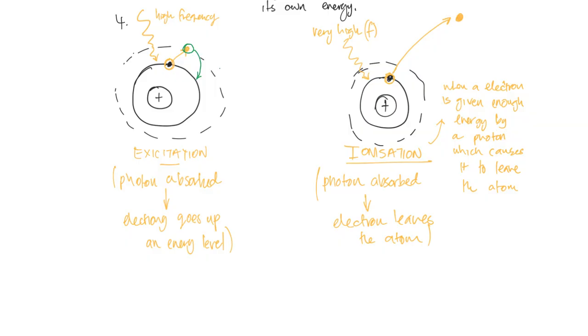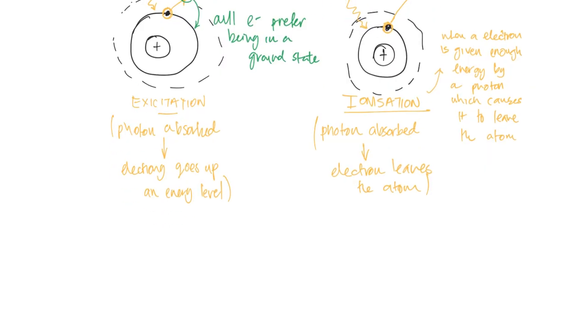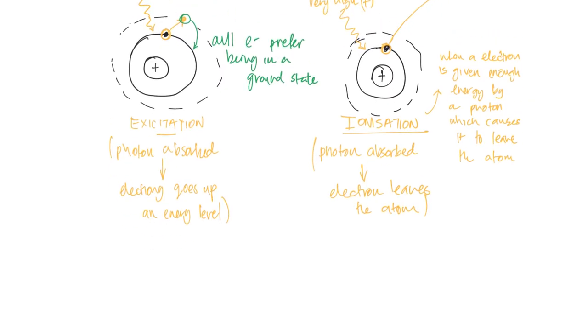So essentially all electrons prefer being in a ground state. Now, what that means is, when that happens, it's going to return to that ground state and it's going to have something we called emission.